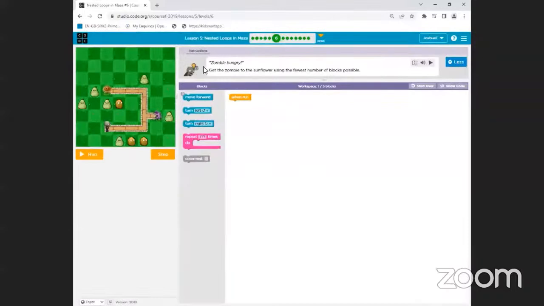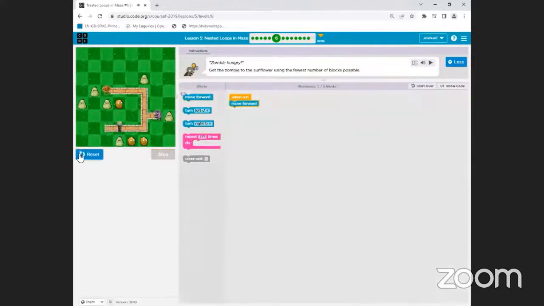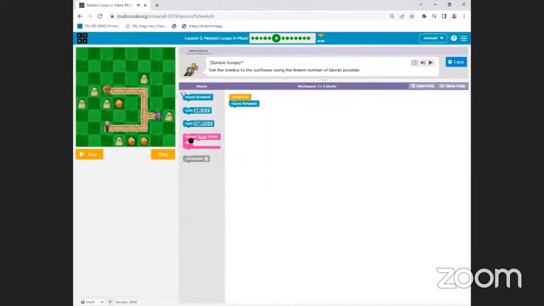Zombie hungry. Get the zombie to the sunflower using the fewest blocks possible. So let's see how one movement is. So it's up to there. And I can only use 1 move forward, which means I have to use a repeat.